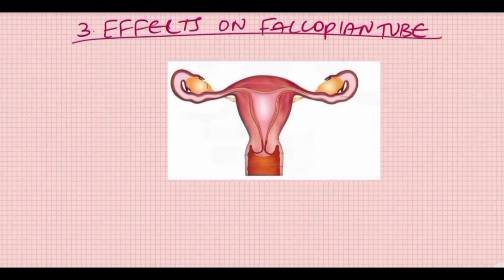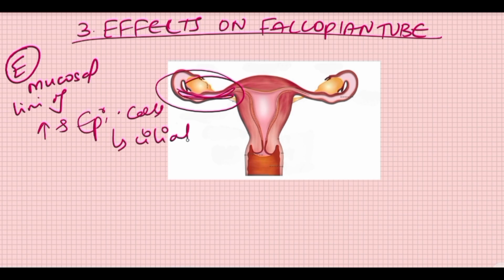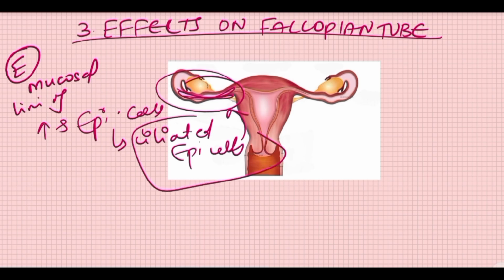Third one is the effects on fallopian tube. The estrogen acts on the mucosal lining of the fallopian tube by increasing the number and size of the epithelial cells, especially the ciliated epithelial cells present in the lining of the fallopian tube.